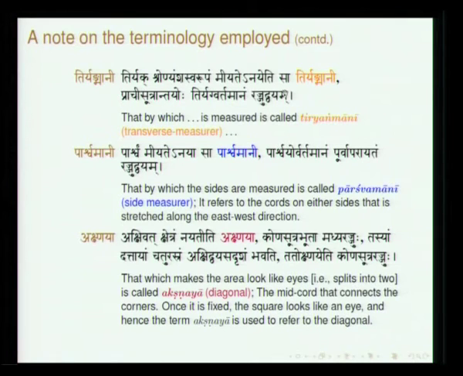Tiryangmani: Prachi Sutrantayoho Tiryagvartamanam Rajjudvayam. Suppose you consider a line, the perpendicular line is called Tiryangmani. Even in the Bodhayana Shulva Sutra, one is called Parshvamani, the other is called Tiryangmani, that which is perpendicular.